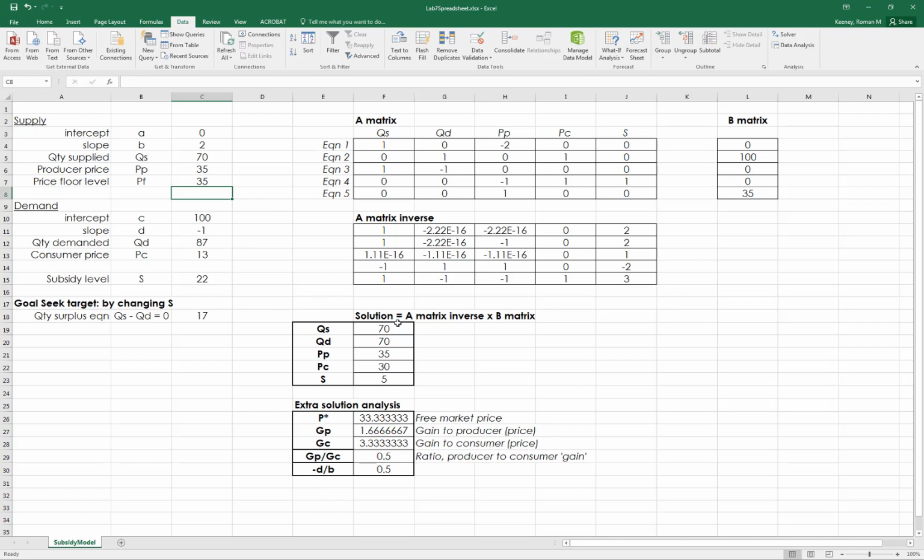If you want to do something really complicated, you could set the price floor level here to be equal to some percentage increase from the free market price. I believe that would work out.